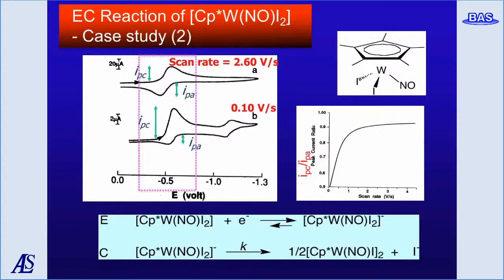This indicates the second cathodic peak derived from the reduction of the product produced in the first reactions. By plotting the ratio of the first cathodic peak current to the anodic peak current against the scan rate, the ratio increases, indicating a reversible process for the first reduction.